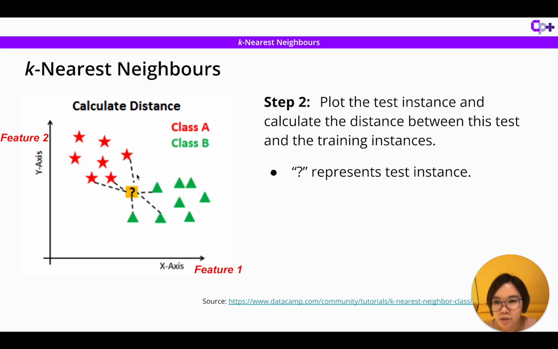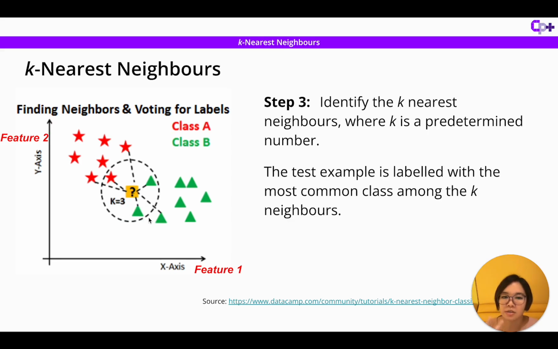So that's what it means by nearest neighbors. Neighbors here means the points that are closest to that point that you want to find out about. So you find all the distances, and then you calculate based on a certain value of k.